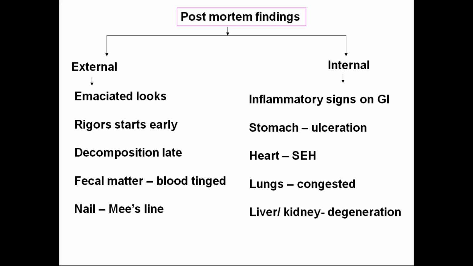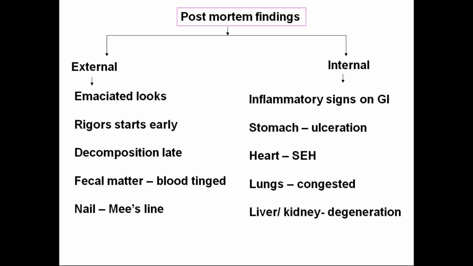Post-mortem findings: we have external examination and then internal examination. On external examination, the person looks emaciated. Rigor mortis will start early in arsenic poisoning, and decomposition occurs late. The fecal matter is blood tinged, and we can see Mees lines on the nails.